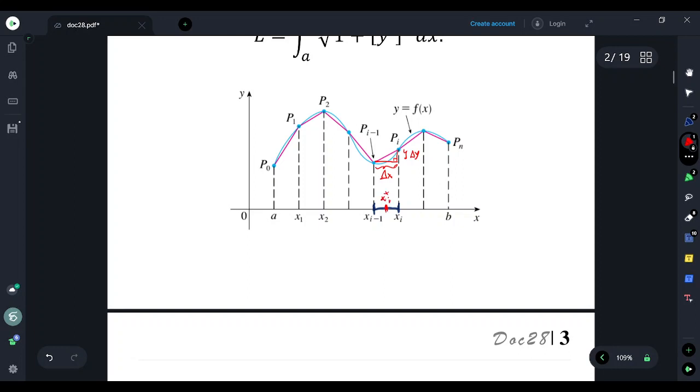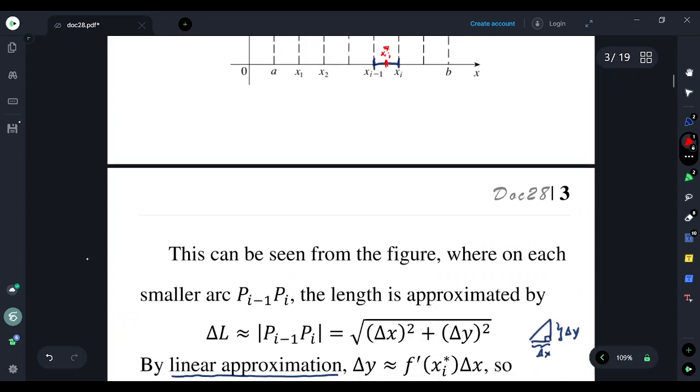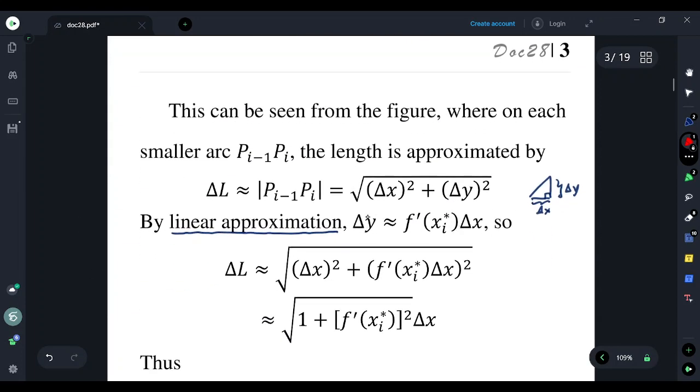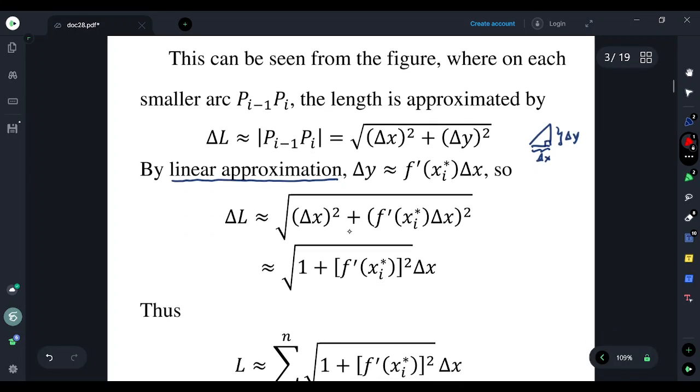So plugging in the approximation of delta y, we get delta L approximated by the square root of delta x squared plus (f prime x_i star times delta x) squared, and then taking the delta x squared together with the square root outside to be delta x, we multiply by the square root of 1 plus f prime x_i star squared.